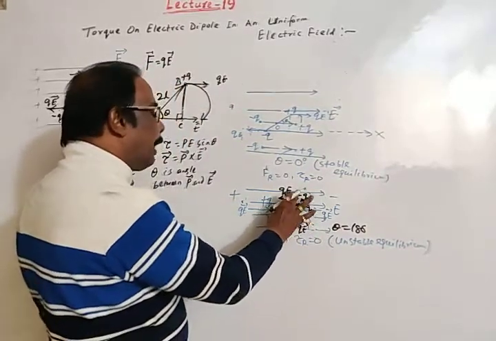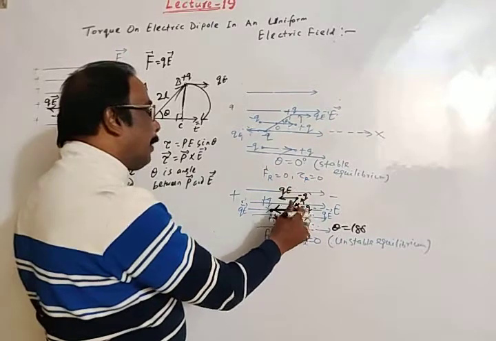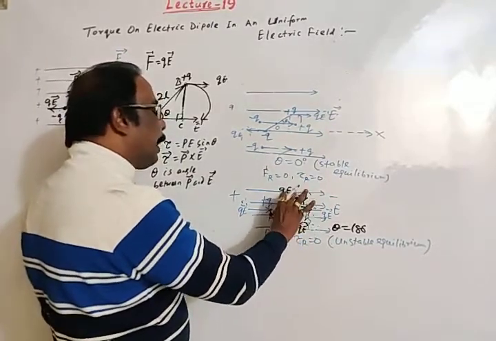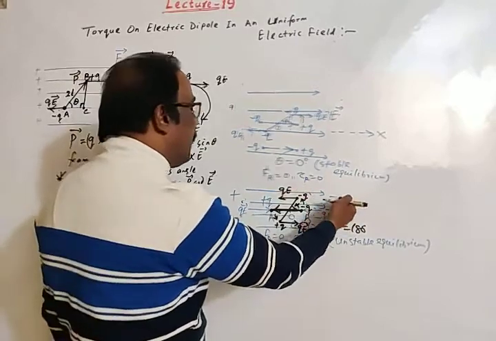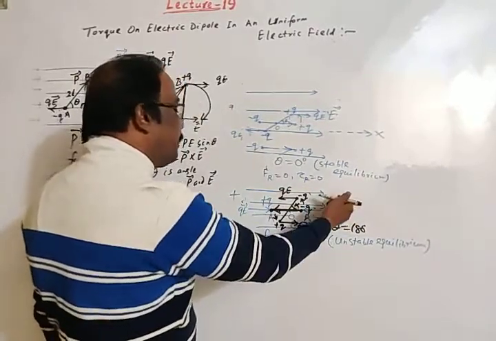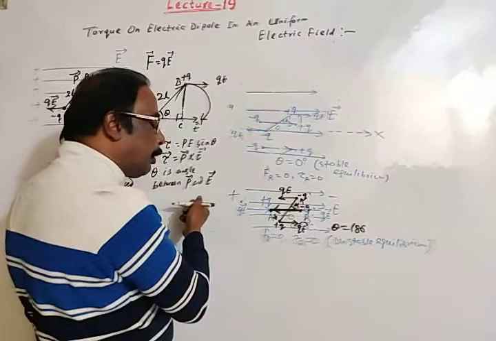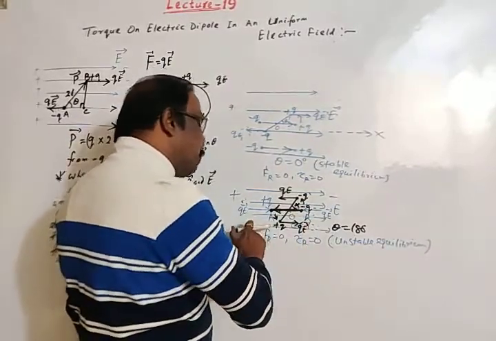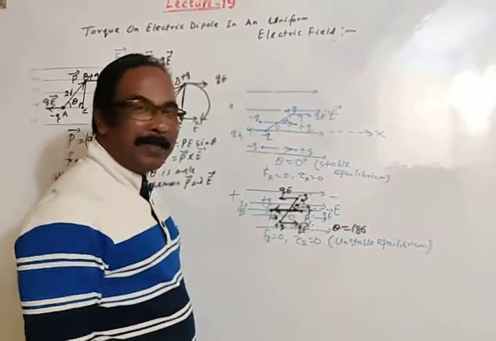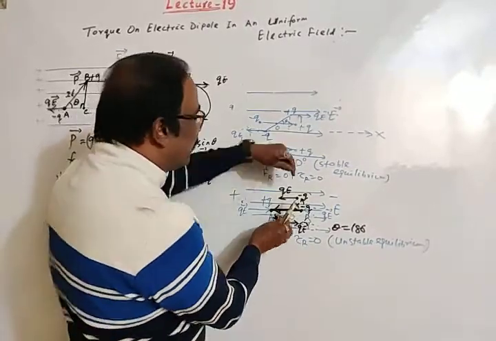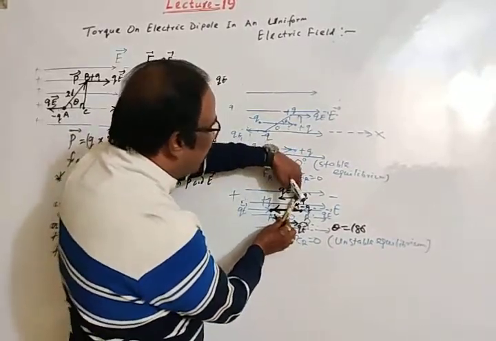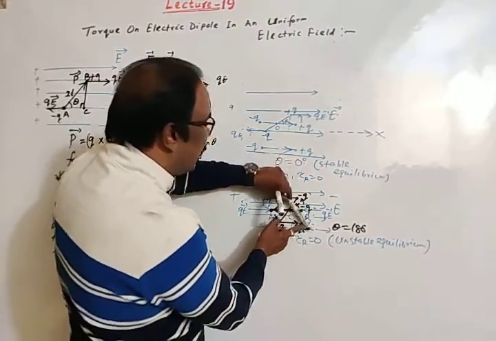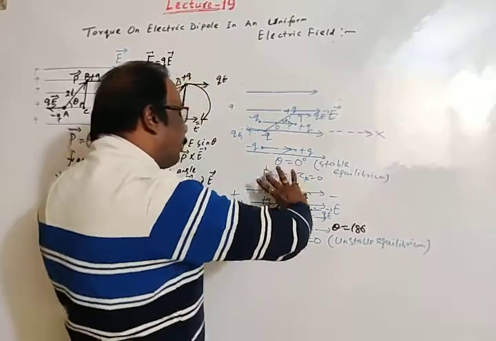If I rotate the dipole through a small angle alpha like this, then minus q will experience a force opposite to the direction of electric field, and plus q will experience a force parallel to the direction of electric field. So this force will rotate the dipole in anti-clockwise order.